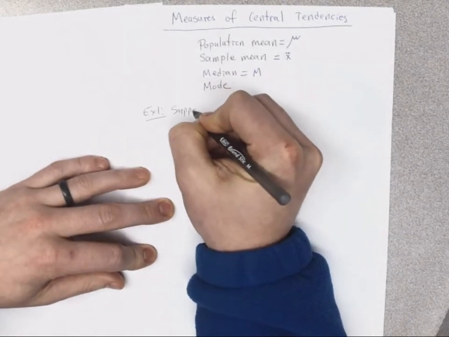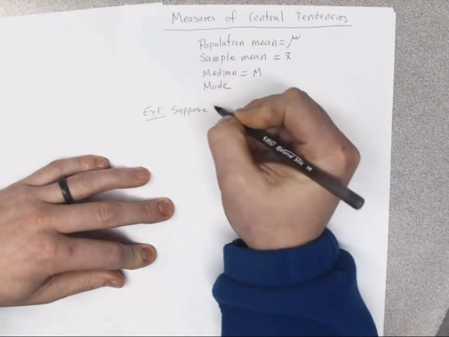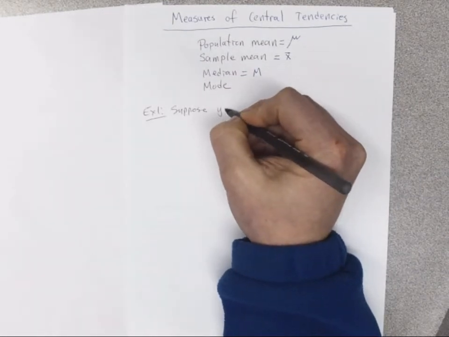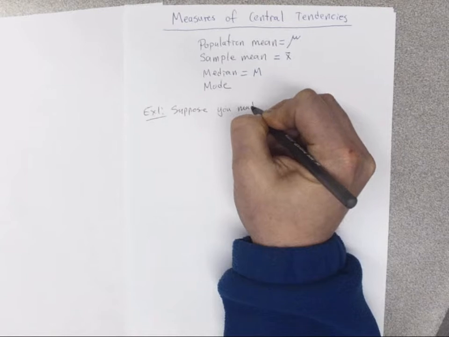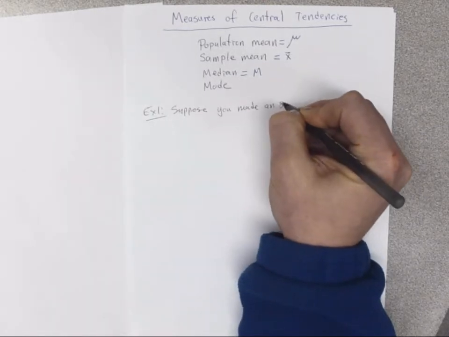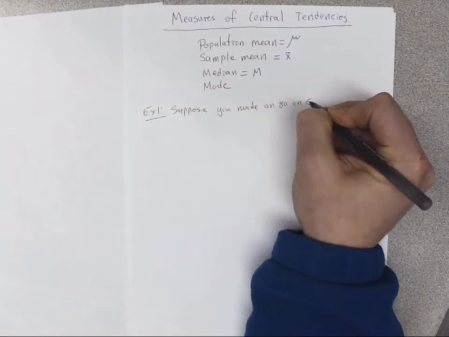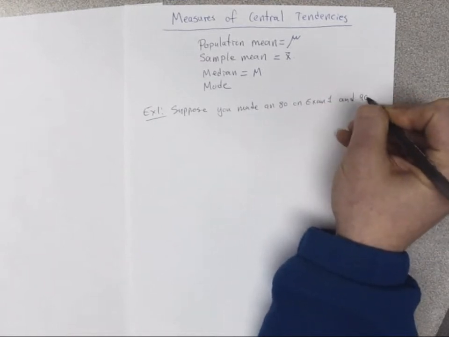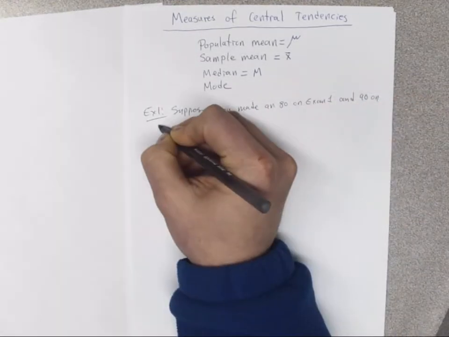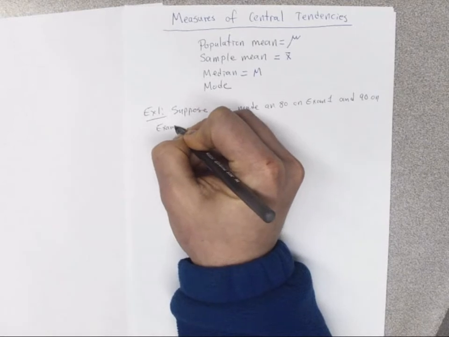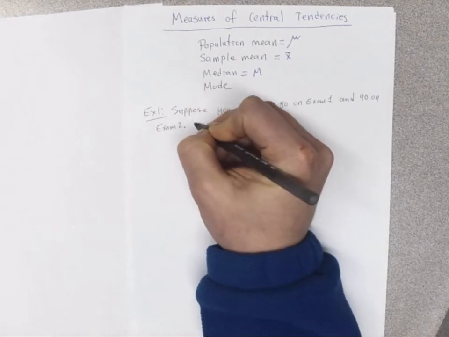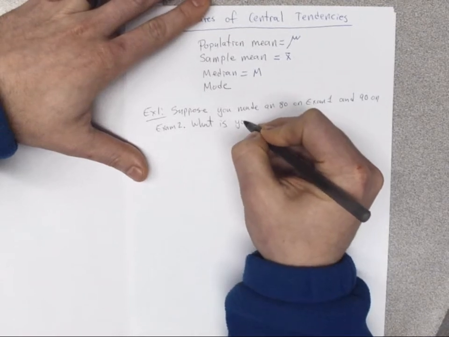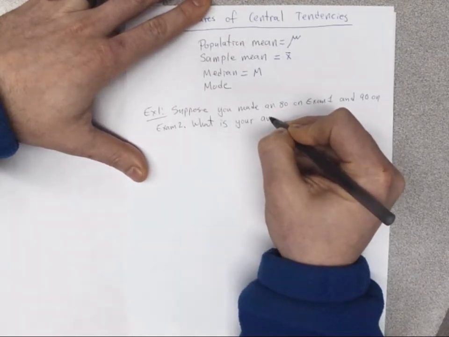Suppose you made an 80 on exam 1 and 90 on exam 2. What is your average / mean?